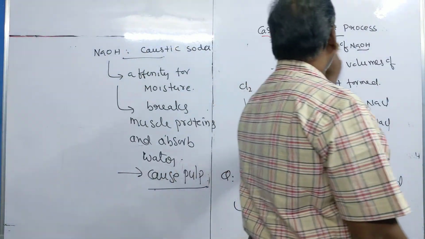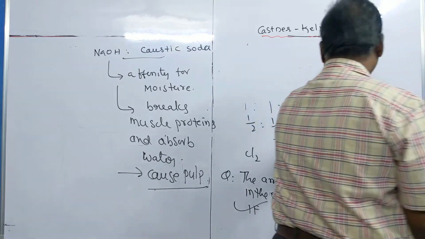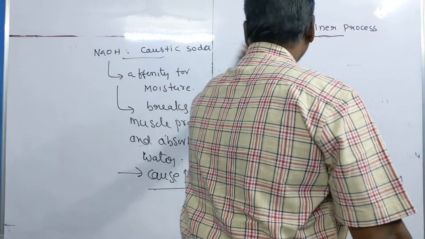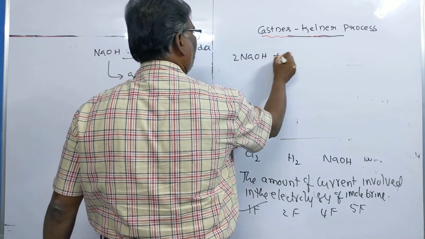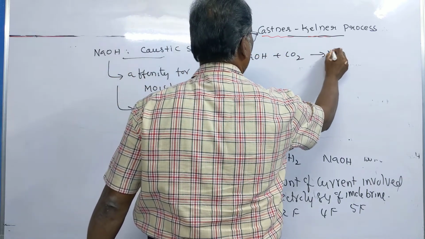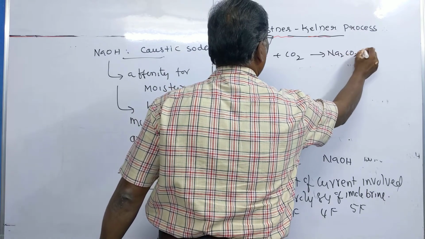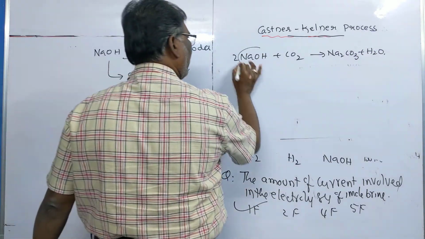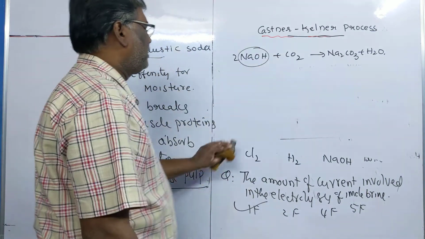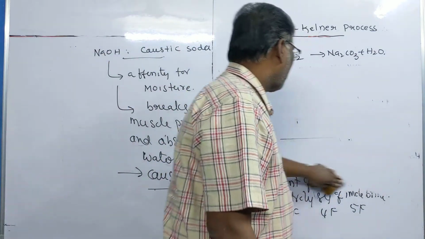What happens when it is kept in open air? Sodium hydroxide reacts with carbon dioxide to form sodium carbonate on the surface. So sodium hydroxide has affinity for moisture as well as carbon dioxide.